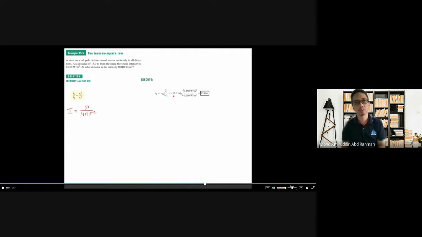For this topic, it is much more about using direct equations rather than solving multiple diagrams and so on. So what you need to remember is just the equations related to the wave.